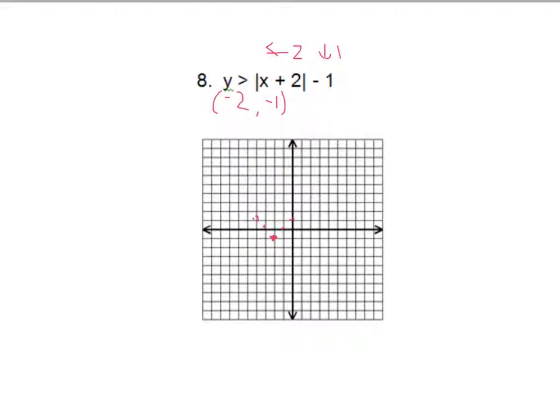So that means I'm going to have a dashed line, dotted line. And then I need to decide, am I going to shade above that absolute value V, or am I going to shade below it? Since it's greater than, I'm going to shade above.